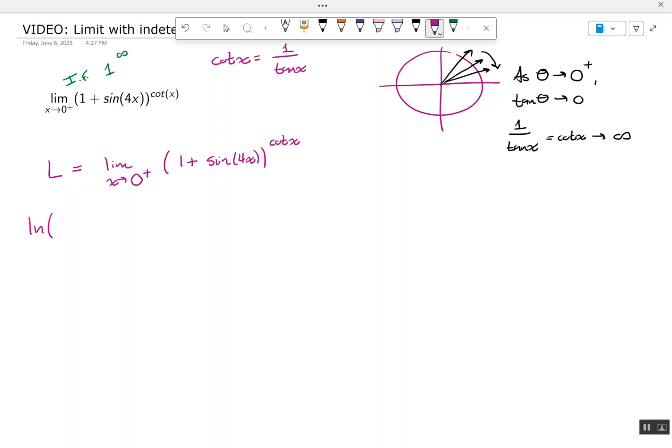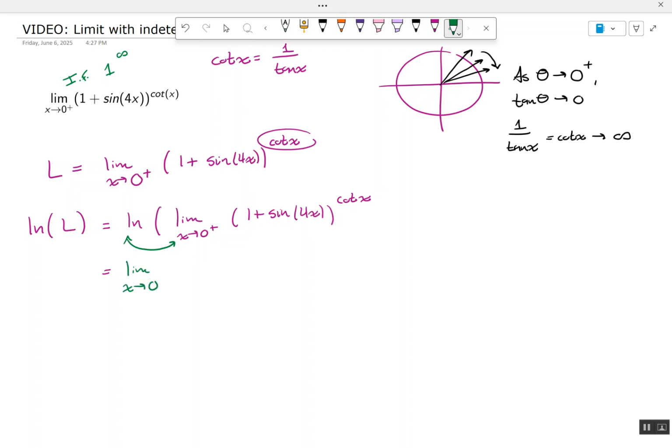Now we're going to take the natural log of both sides so that we can bring this exponent down. Since the function natural log is continuous, we're able to flip-flop this and this. Bring this natural log in here.